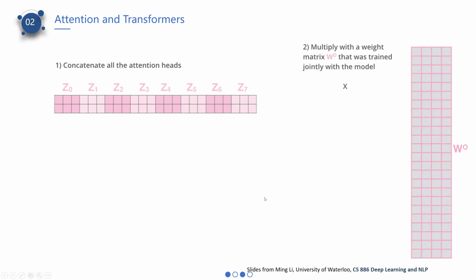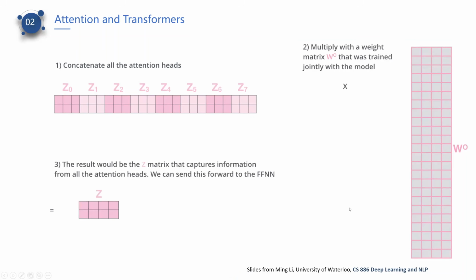Then we combine those, multiply with this matrix WO to merge them, and at the end we get just 2 vectors. This one for thinking, this for machine. We have done all those things to capture the context.